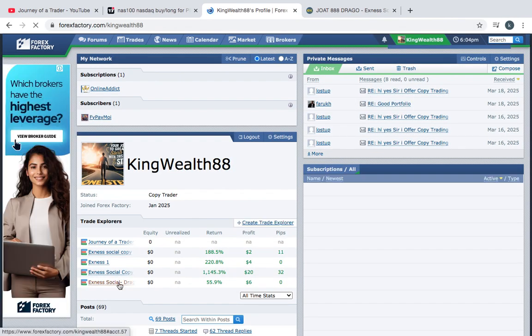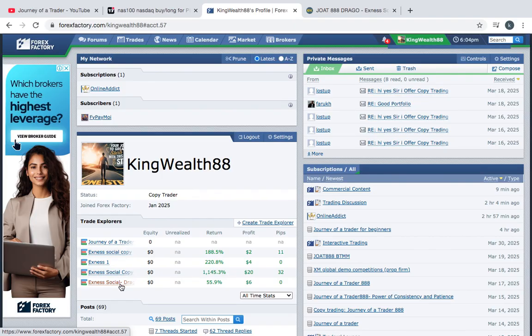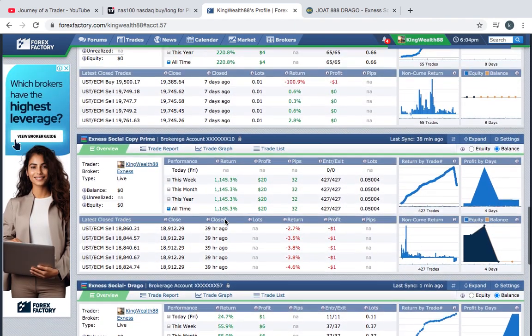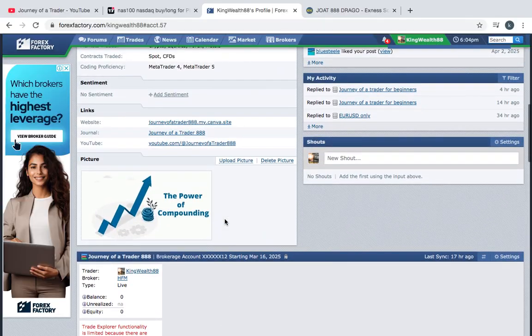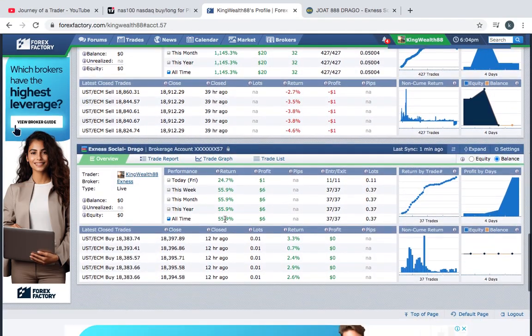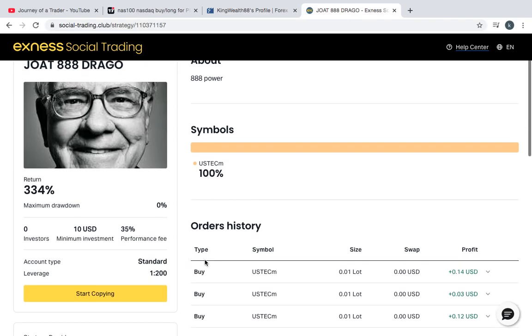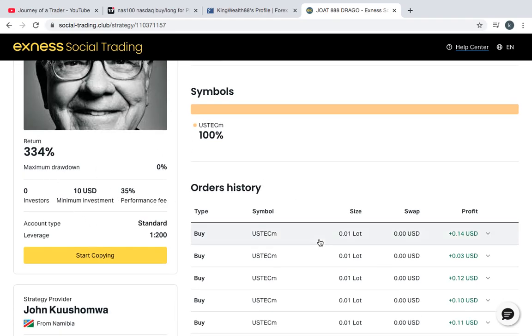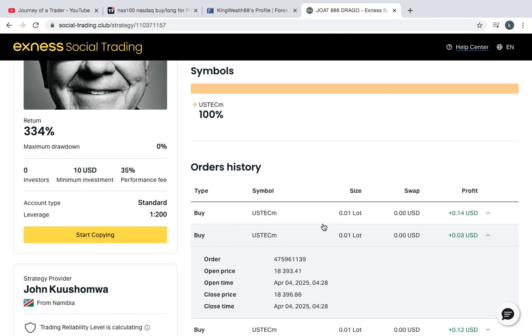I deposited $4 today. That was just on my wallet, and I just traded it a bit. And on this social trading account Drago, you guys can see we changed the picture, and you can see that the last trades happened today on the 4th, right?